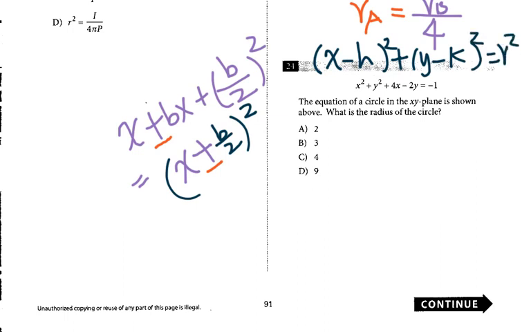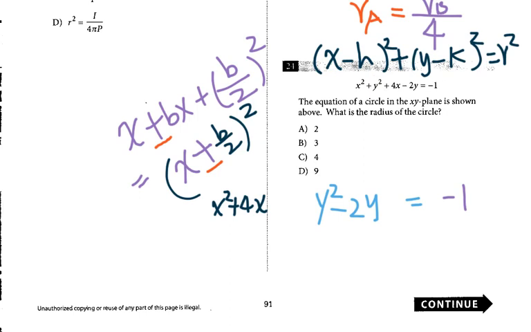Then let's do the completing square for this original function. I have x squared plus 4x. Then for the y part, I have y squared minus 2y. Then it equals negative 1.